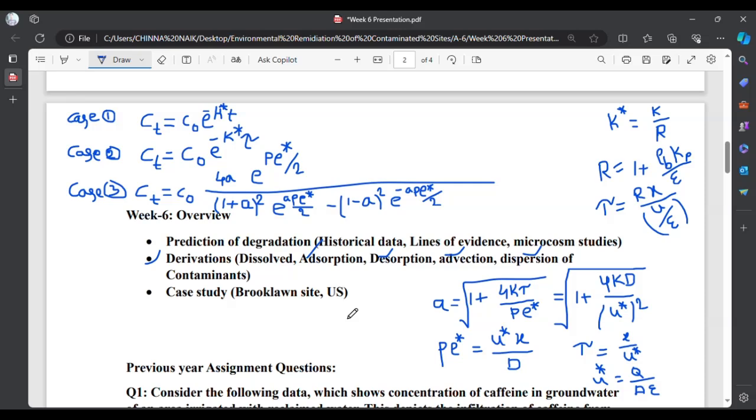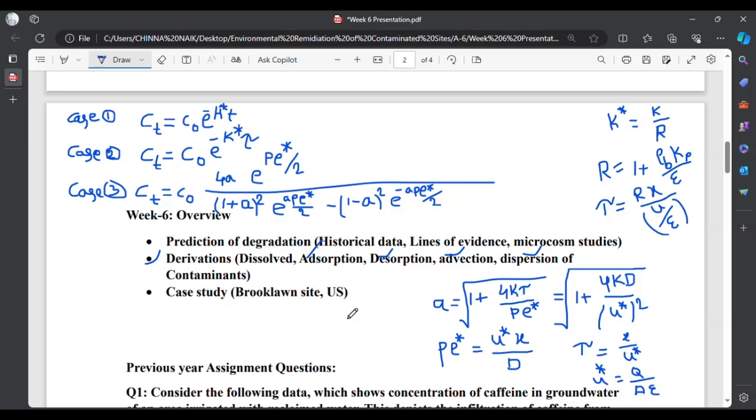Regarding this case study, in the recorded videos we discuss site characterization, geological data, source locations, and contaminant characterization data.